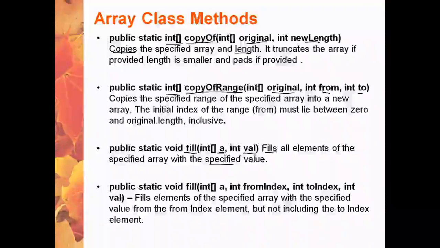Okay, we have one more similar method, public static void fill. This method takes the first argument, that is the array, the second argument from index, then to index, and we have int val. So it takes 4 arguments in total, and again it fills the array elements with the specified value, but it fills array elements from a particular index to a particular index.